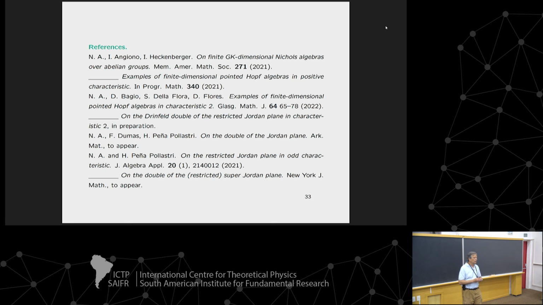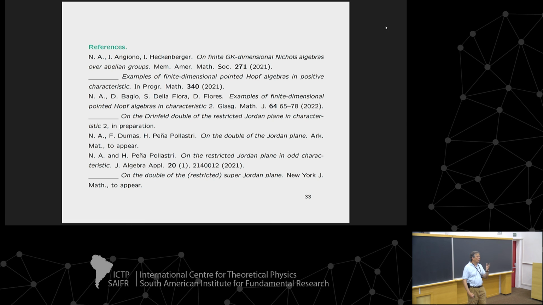Last question. Is there a higher dimensional version of the double Jordan plane? This is a very interesting question, and at the moment I don't know. In principle, the classification we made says that if you have a block with finite GK dimension, the block should be either the Jordan plane or the super Jordan plane.